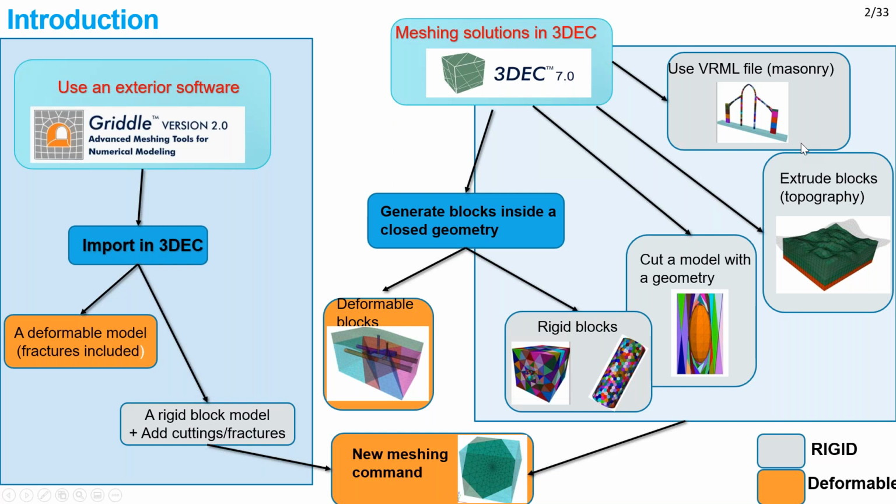When we import the mesh from VRML, the blocks that we will have are exactly the same as the blocks that were defined in our CAD software. So if we already have the brick model in another software, we can import it directly in 3DEC without needing to do more manipulations to have the brick model inside 3DEC.